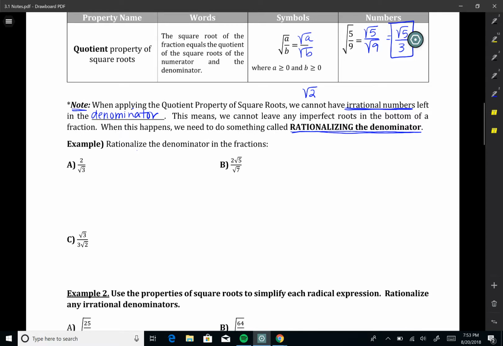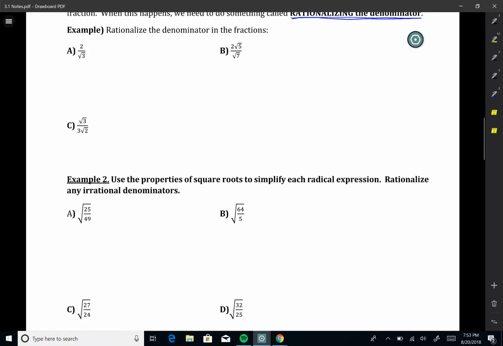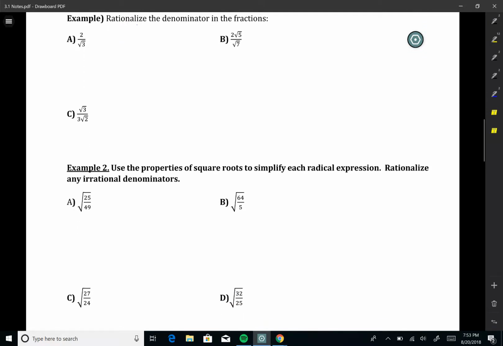So you could not write that as a decimal. You also could not write the square root of 3 or the square root of 8. Get what I'm saying? All right, so any imperfect root in the bottom we need to get rid of. In order to do that, we do the process called rationalizing the denominator, which is just using multiplication to eliminate that radical in the denominator.